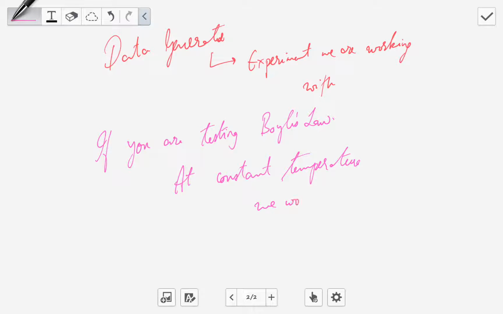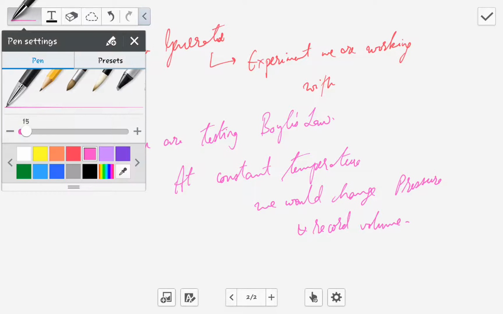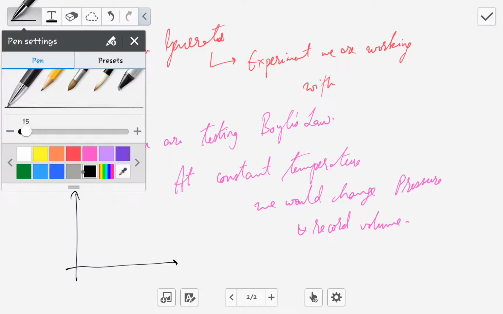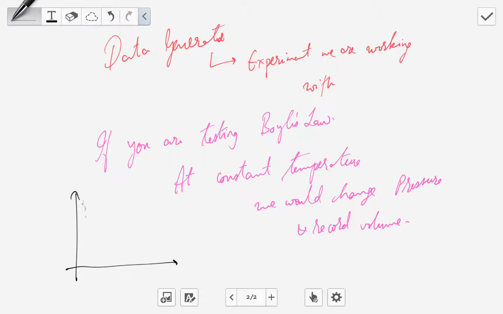We would change pressure and record volume. So in such a situation we get some data and we plot it, and the points would be something like this.